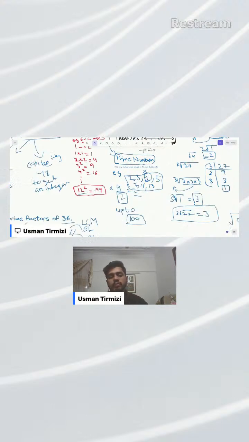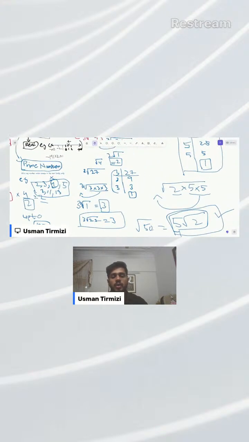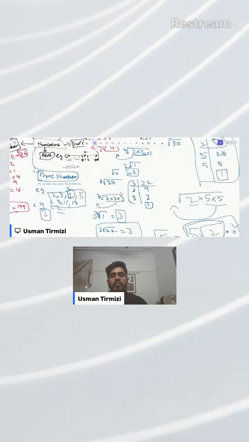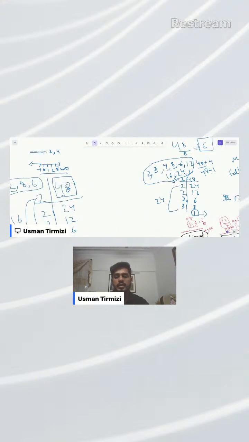We've learned how to find the answer of a root, and we've done a couple of examples in this regard. We found the square root of 50 and the cube root of 27. Now we've learned how to find the LCM of a number. LCM is the least common multiple of a number, right? So basically, this is what we've learned so far in our lecture today.